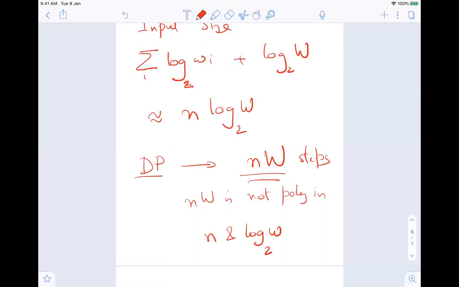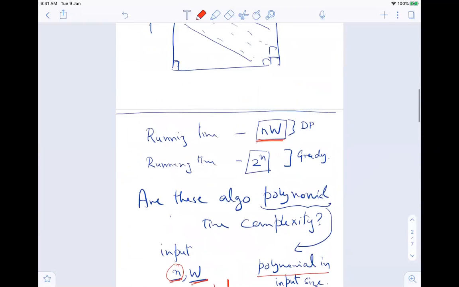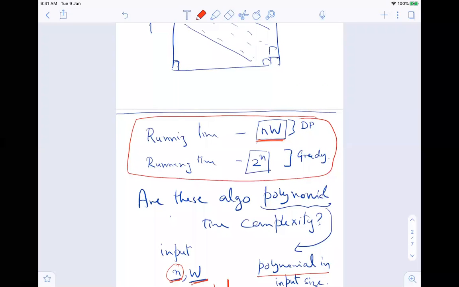It's a very, very important point. So this knapsack, although it manages to do something in a very neat way, actually has a running time that is exponential in the input size. So in some sense, both these two algorithms are actually not polynomial.